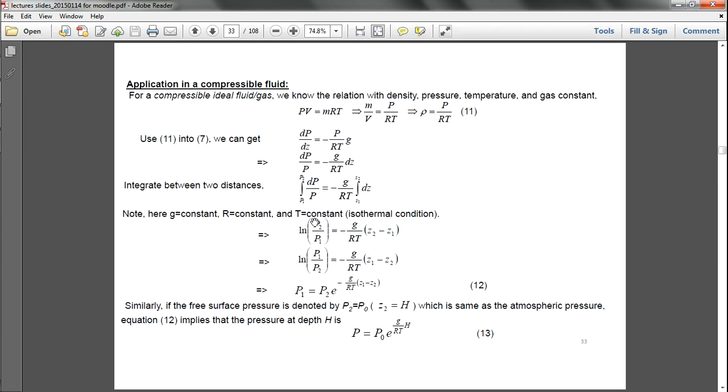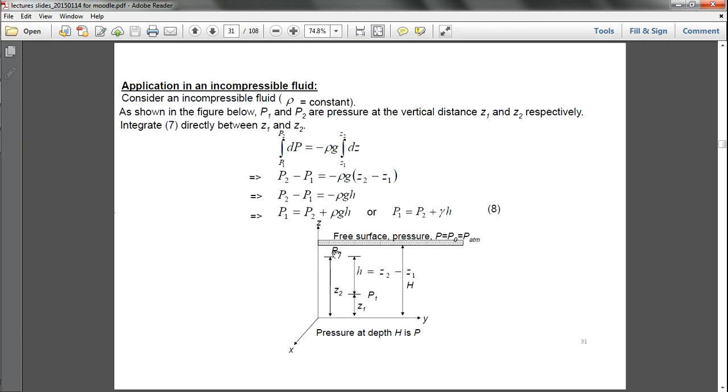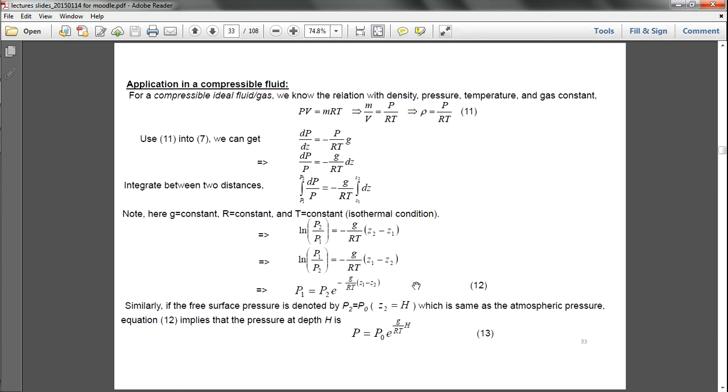I hope you get what I mean. Because the notation here are all positions, z1 position and z2 position.